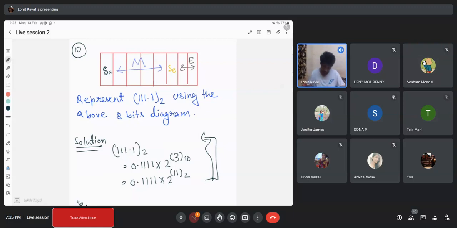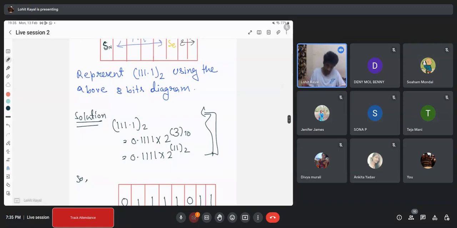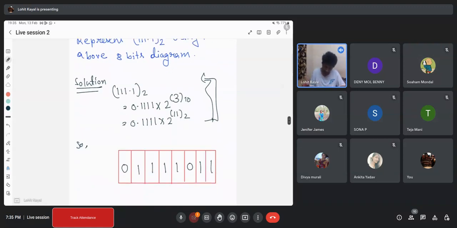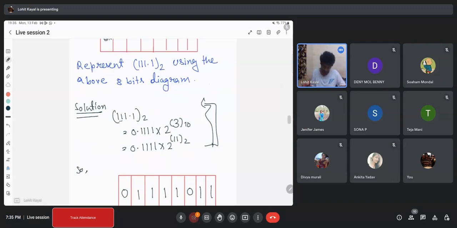Now we have to express this number. How to proceed? We can write it as 0.1111 into 2 to the power 3, converting into the normalized form. Let's understand this.